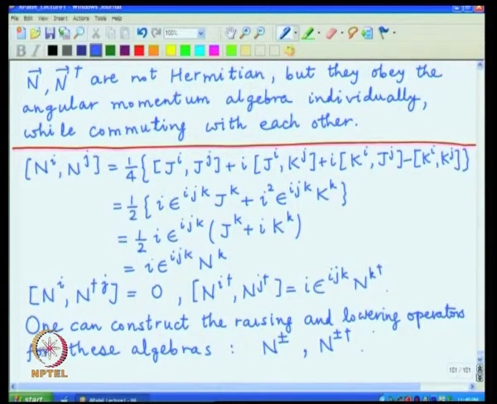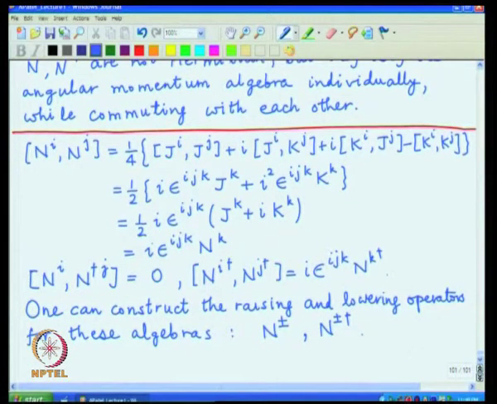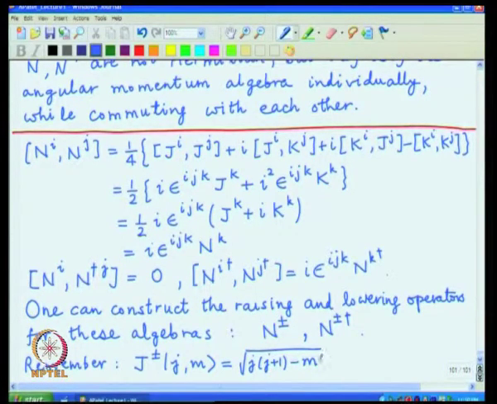And what these operators do when acting on specific states is the same kind of rules which are well known in angular momentum states, that the raising and lowering operators acting on specific angular momentum states produce a state with different value of m, but there is a normalization constant in front.